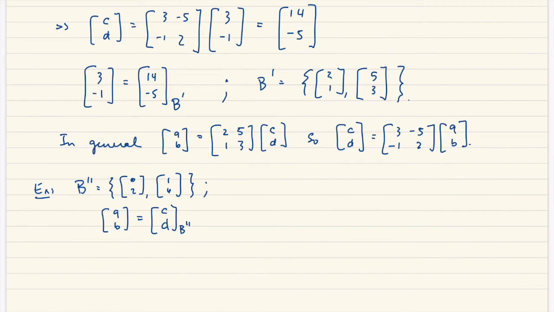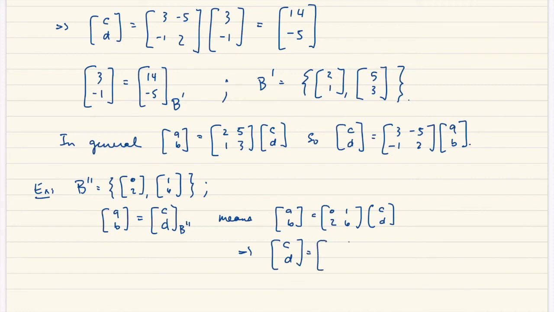And so what that means is that we really want to find values of C and D so that the quantity AB is equal to the matrix 0, 2, 1, 6 times CD. And so really that means CD is going to be the inverse of this matrix 0, 1, 2, 6.